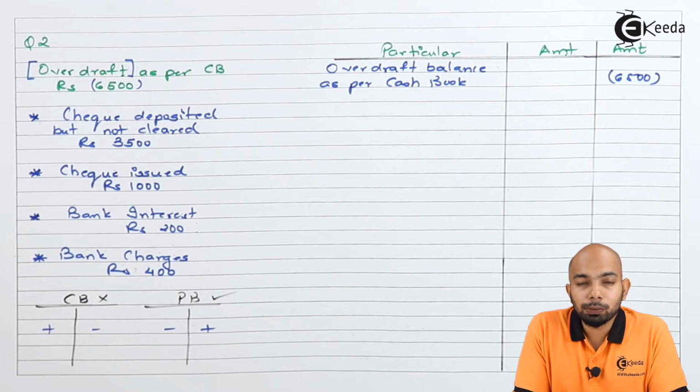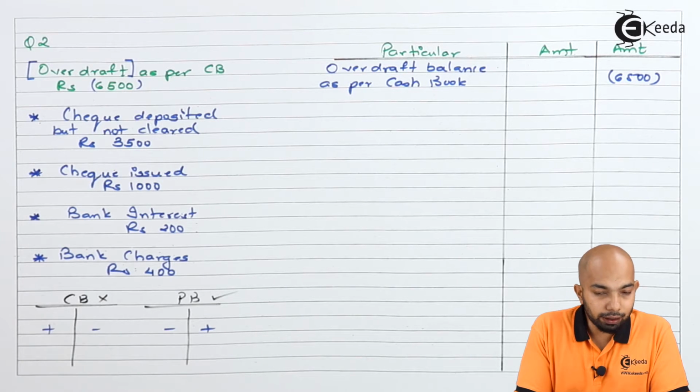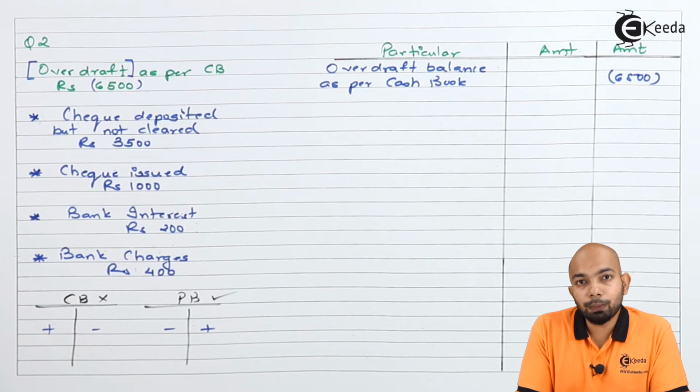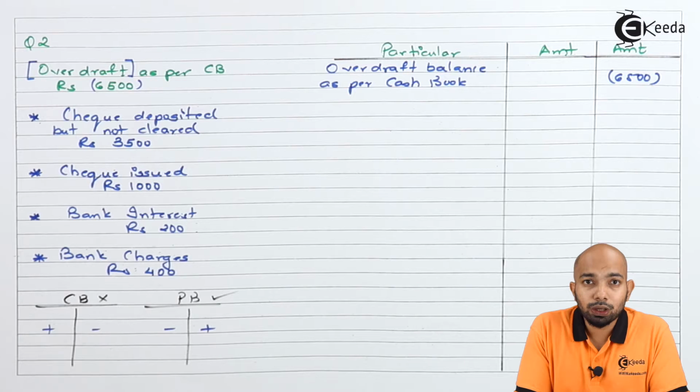The next transaction we'll be dealing with is the first transaction: check deposited but not cleared, rupees 3,500. We need to understand which side this transaction refers to. If the check has been deposited, that means the cash book has already been affected. Now we need to understand which side this will take in the passbook.